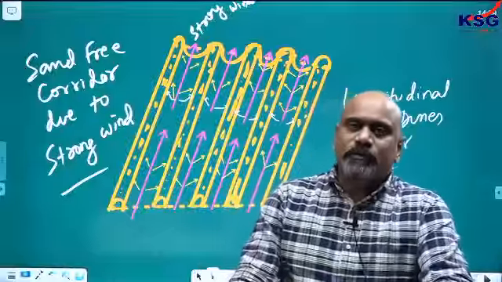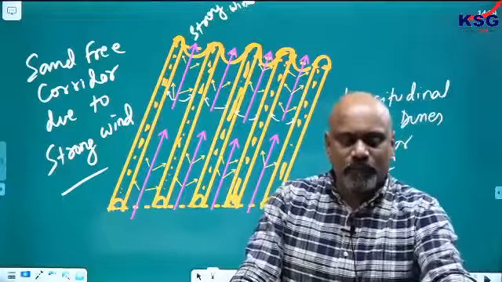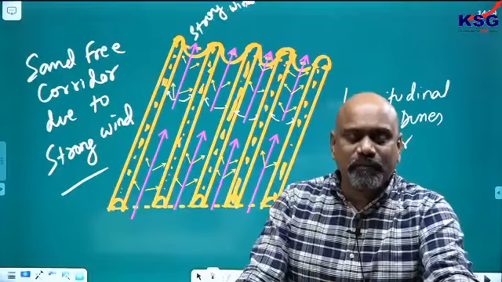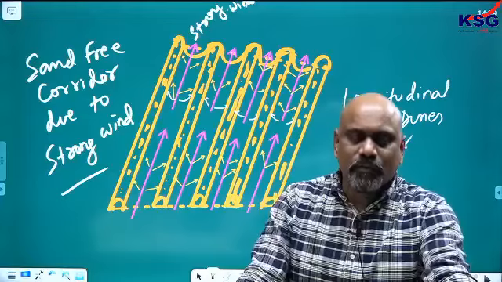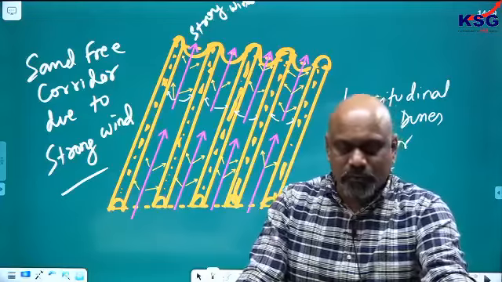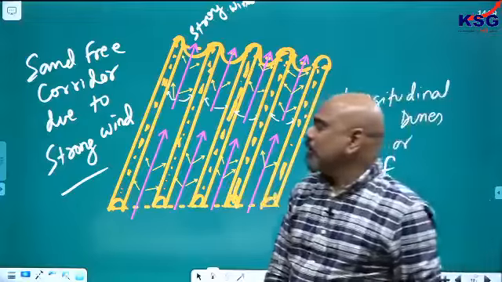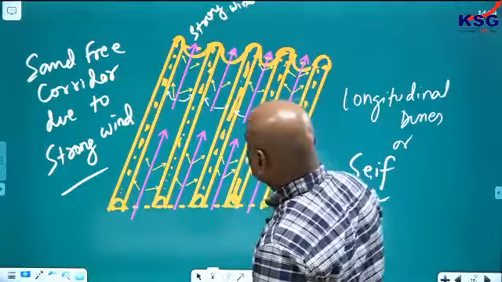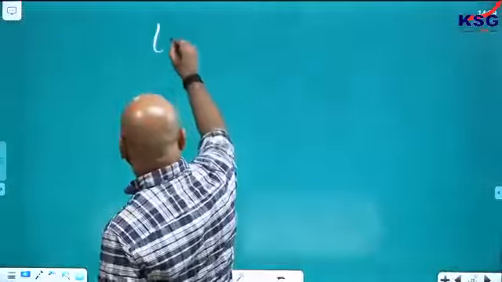Okay. When the finer material gets drifted away, what do they form? Loess.